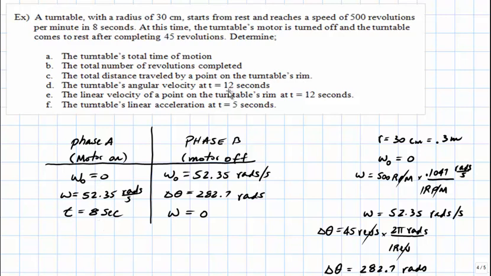Therefore, at 12 seconds, the flywheel has entered phase B. Also, it's important to note that at 12 seconds, the time that the flywheel is spending within phase B equals 4 seconds, right? Because the first 8 seconds were spent in phase A. And so when we apply the time in phase B for this part, t will be entered as 4.